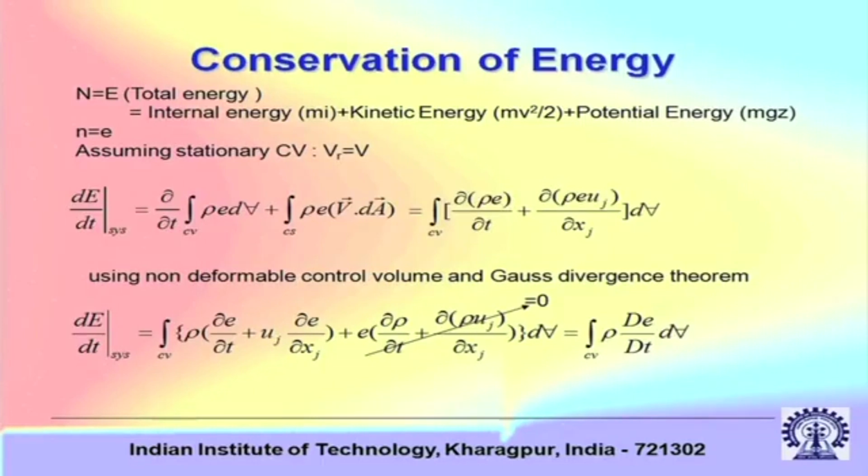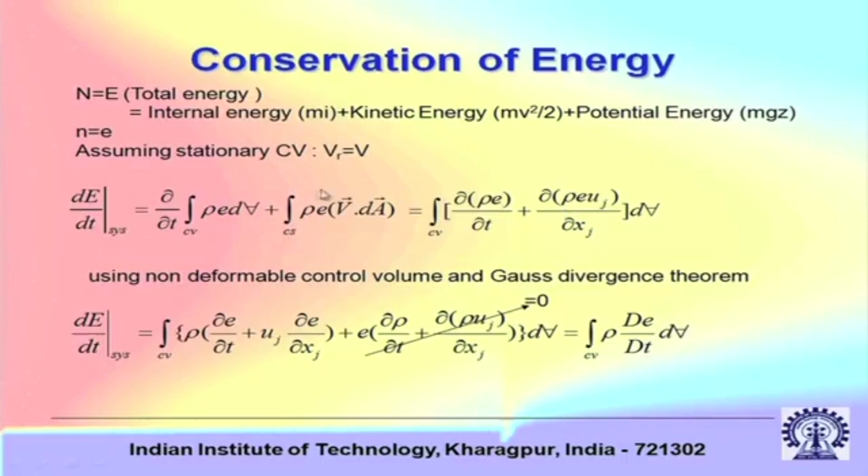Now under conditions of non deformable control volume, you can take this del del t out of the derivative, and for stationary control volume the relative velocity is the same as the absolute velocity, the velocity that you have used here, and you can convert this area integral into volume integral by using the divergence theorem. So, you will get this particular form.